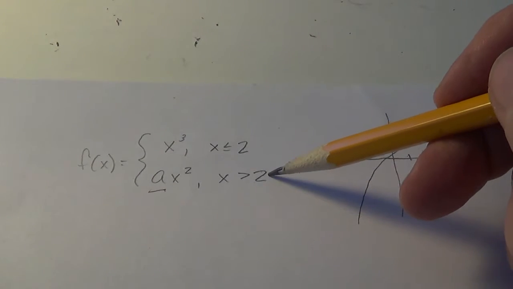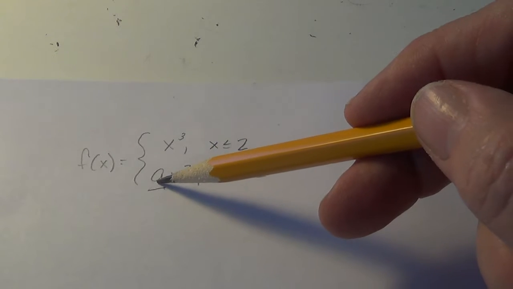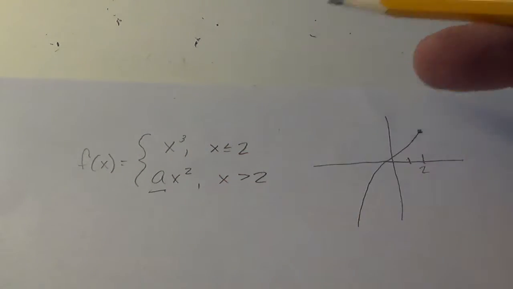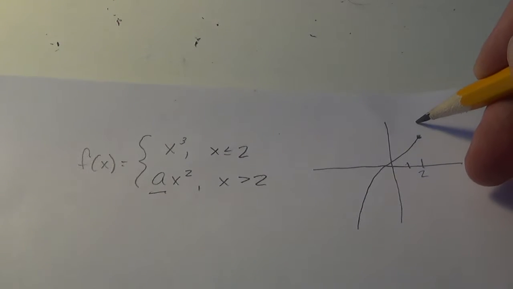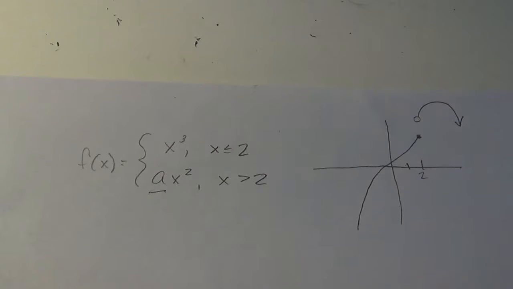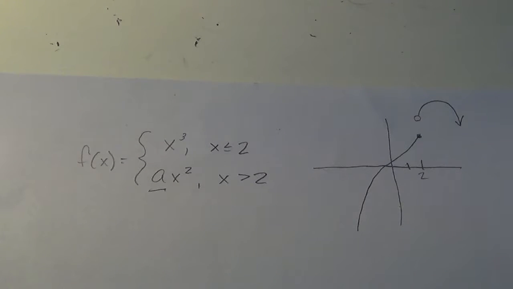And now when x is greater than 2, it's some value which we don't know times x squared. So I know it's some sort of quadratic, which is a parabola. Maybe it's an upside down parabola like that, or maybe it's one that opens up. I'm not sure until I know more about a.